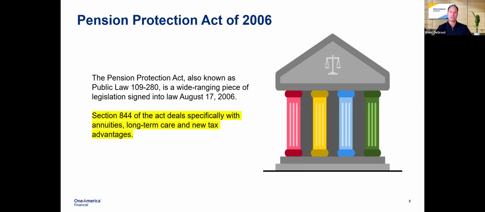But there was a subsection of the Pension Protection Act, 844, that dealt specifically with new tax treatments for existing annuities. They said specific annuities, and what they meant were non-qualified: those purchased with after-tax dollars but left to grow over those years tax deferred, right? So that's what we're talking about here, utilizing the Pension Protection Act with non-qualified annuities.